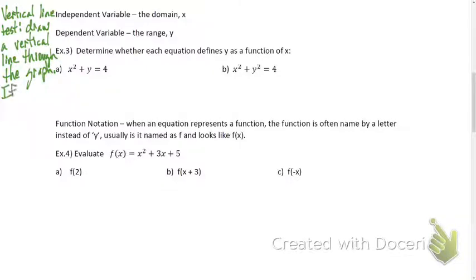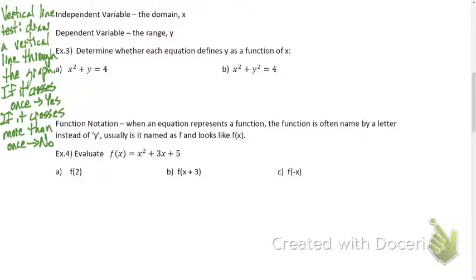If it crosses once, then yes, it is a function. If it crosses more than once, that's a no. All right. So I think you've heard of this vertical line test before. If you don't like the algebra way, I would do it the vertical line way.